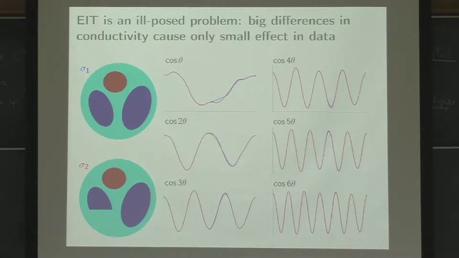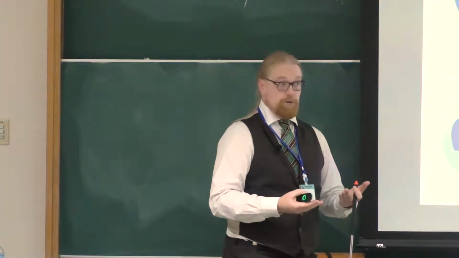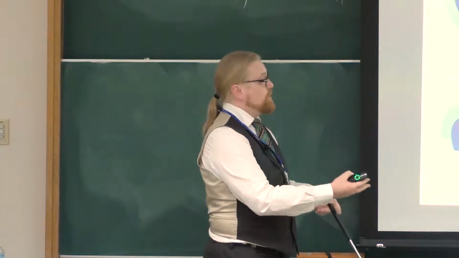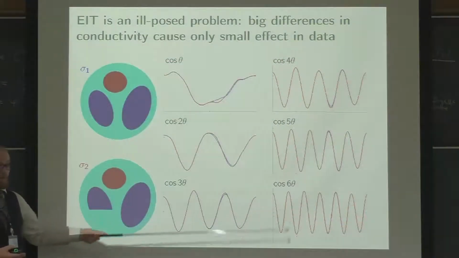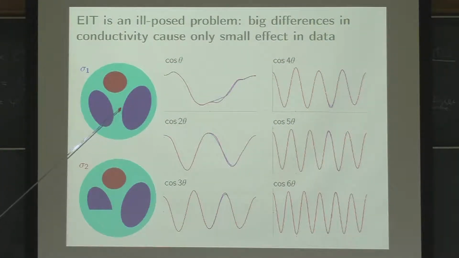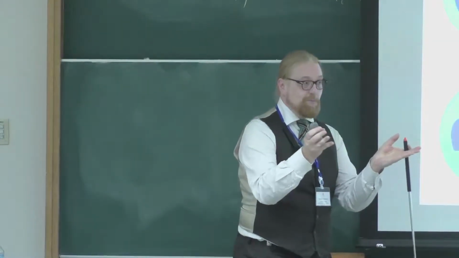So in EIT, in solving the inverse problem, we should give a method, and the method, when we give it the blue functions as data, it should give us this picture. But when we give the method the red curves, it should give this picture. So from little information, we should find much information.